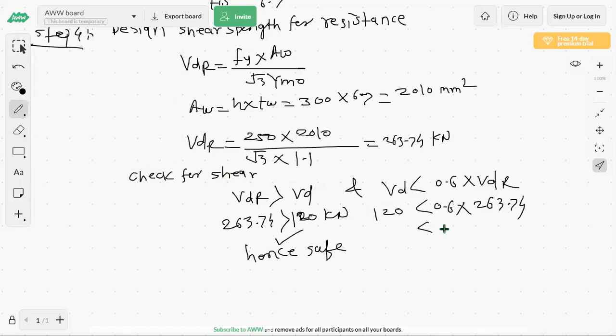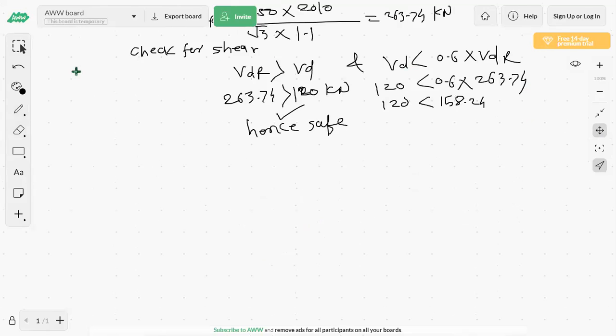It means 158, and this is 120. Okay, it means 120 is less than 158 and 263 is greater than 120. So hence safe. The section provided is safe.